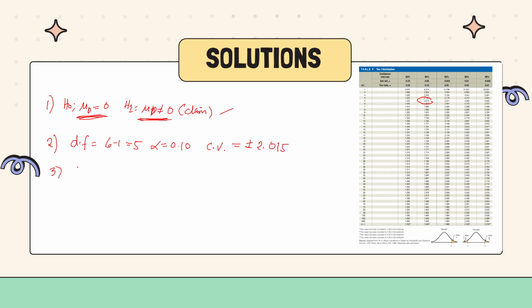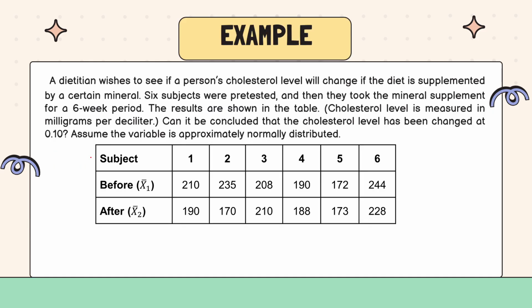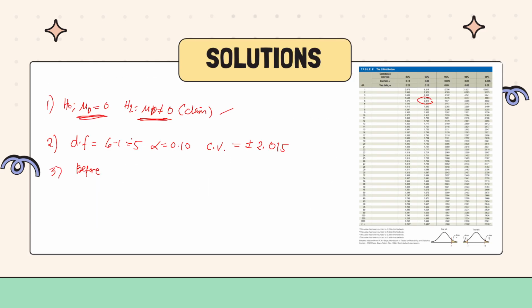Step number 3. In step number 3, we have to make a table. This one is before and after. Before is our x sub 1, and after is our x sub 2. So we're going to place the data: 210, 235, 208, 190, 172, 244.